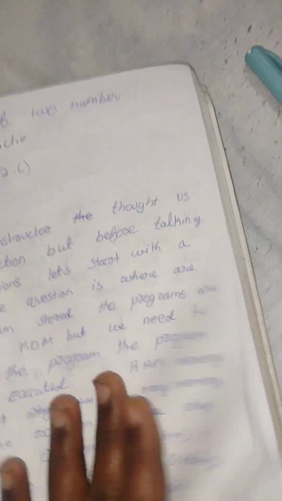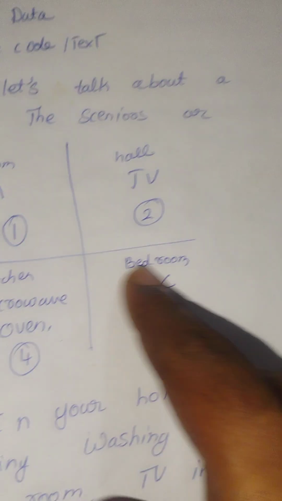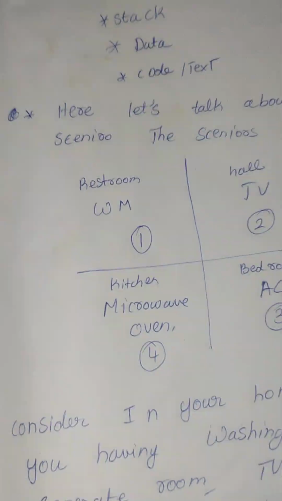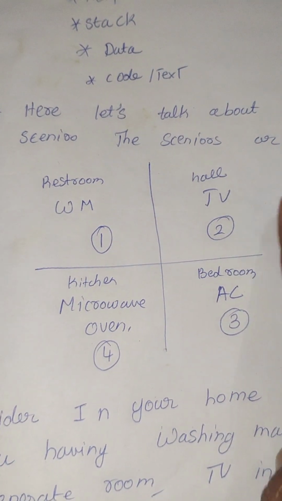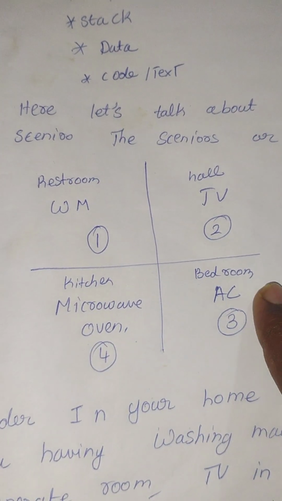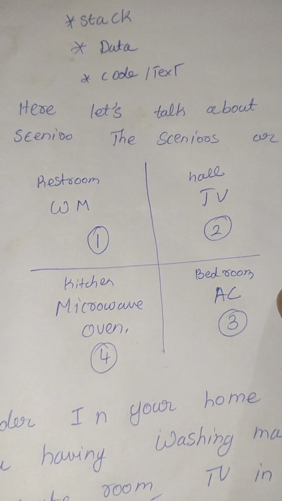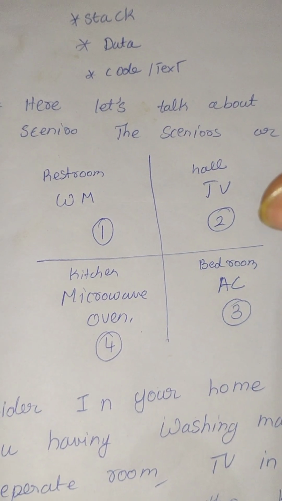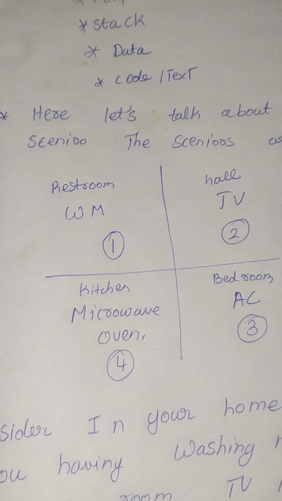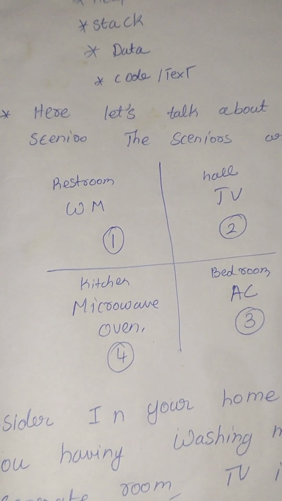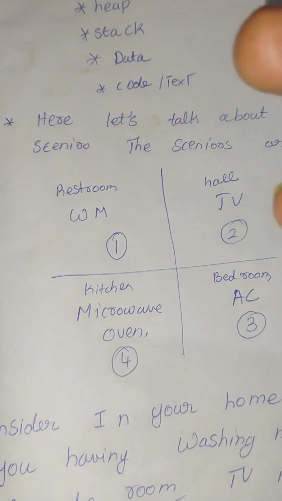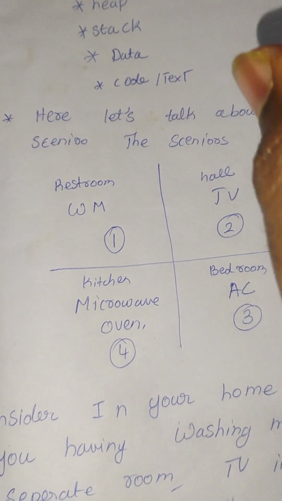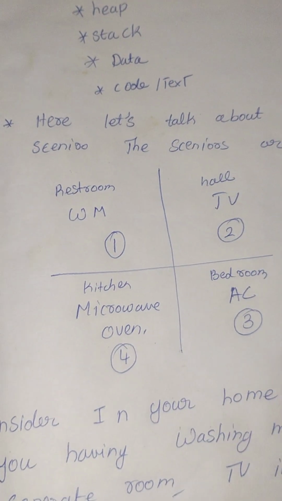Just consider in our house 4 rooms are there. In one room we are using a washing machine, in another room a TV, in another room a microwave oven, and in another room an AC. So these devices exist. If I want to clean my clothes, I go to the restroom, where I have a washing machine, and there I clean all my clothes.